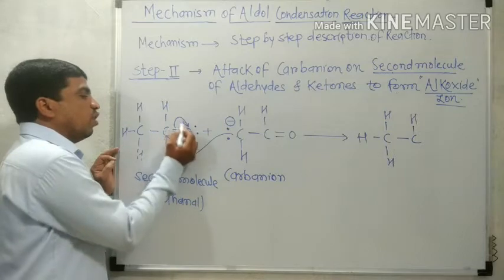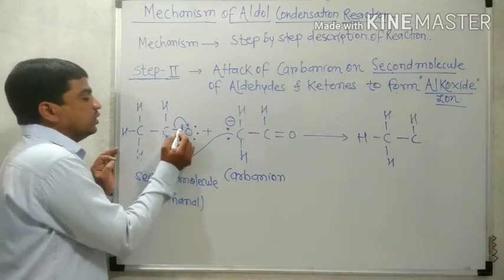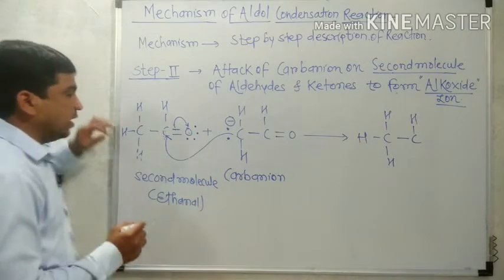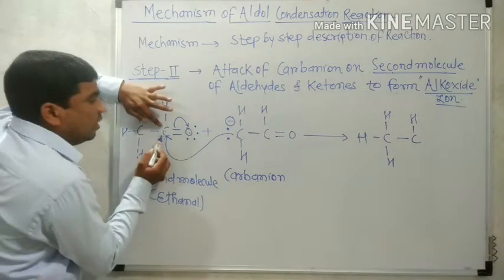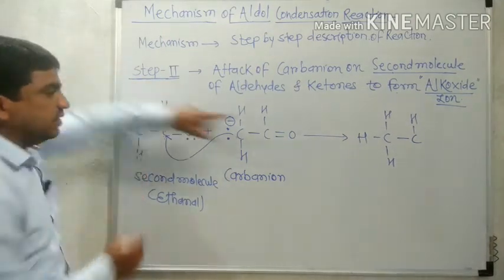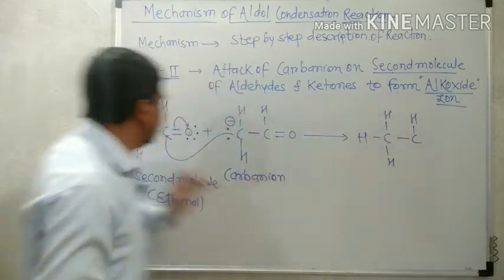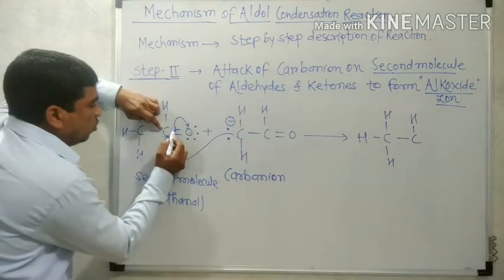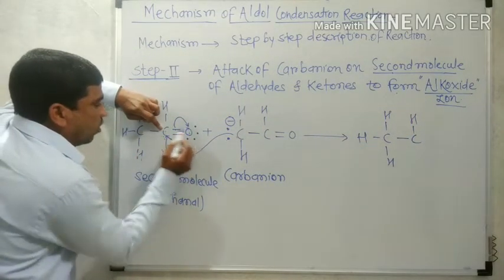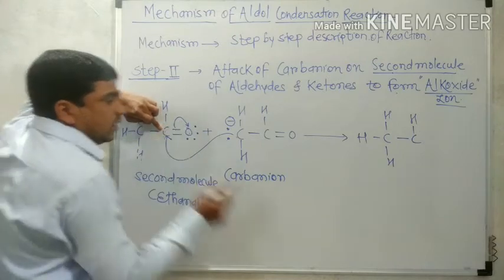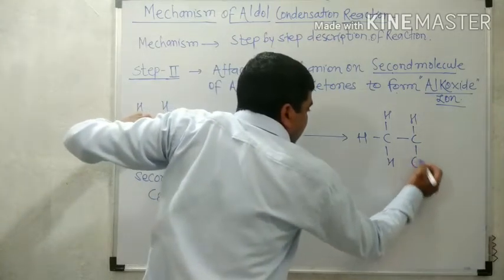Therefore, this complete bond pair, that is two electrons, shifts onto that oxygen after the attack of this carbon on that carbon. Due to the shifting of this bond pair onto oxygen, that oxygen contains three pairs of electrons.